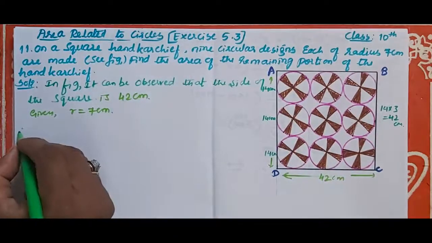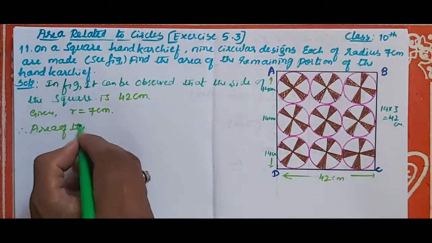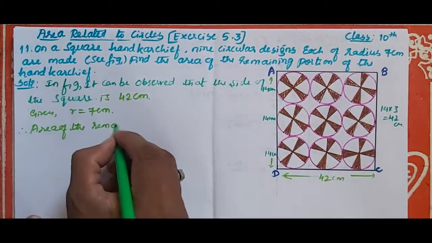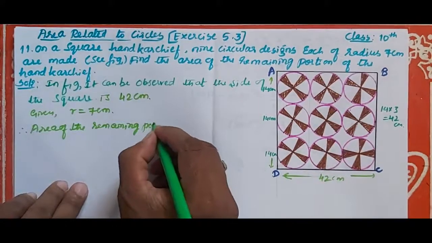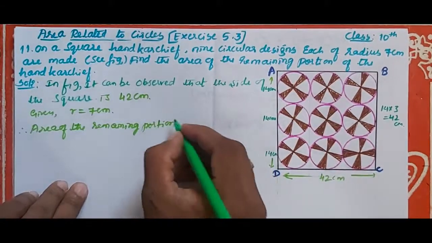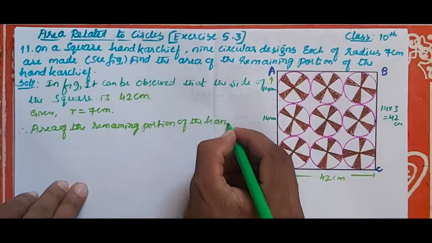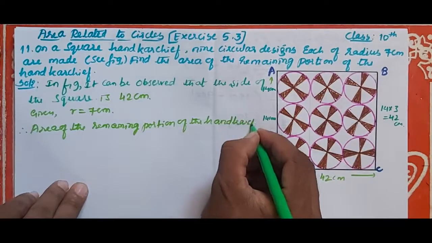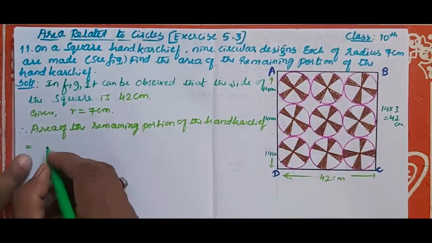Therefore, the area of the remaining portion of the handkerchief is equal to, what is the formula?